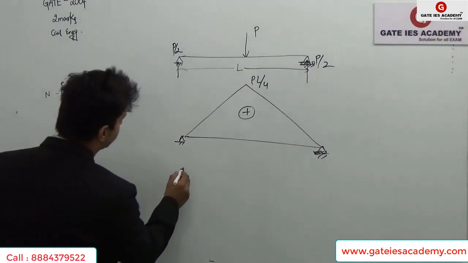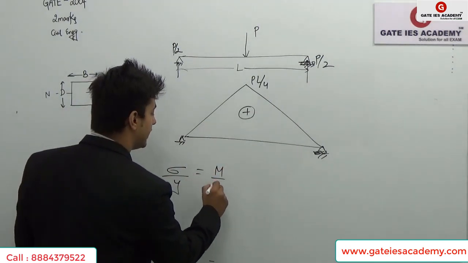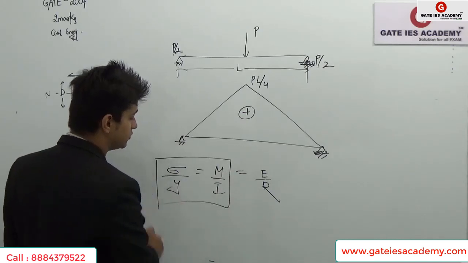Now we know the bending equation very well, that sigma by Y is equal to M by I is equal to E by R. Generally we solve the problem using these two only.